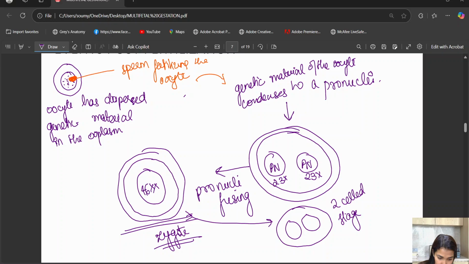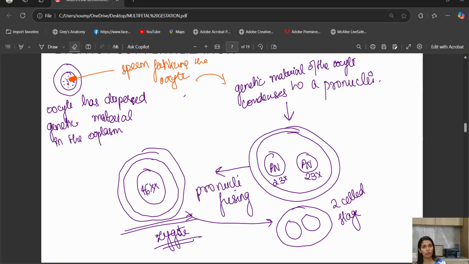Now since I don't have space, I'm going to erase what we have written in the beginning. I hope you all have taken it down. What so far we have discussed, I'll quickly recap it for everybody. There is an oocyte. Oocyte has dispersed genetic material in the ooplasm. Only when the sperm fertilizes this oocyte does this oocyte ka genetic material get condensed into a pronuclei, and eventually with the sperm ka pronuclei and the oocyte ka pronuclei, they will fuse.